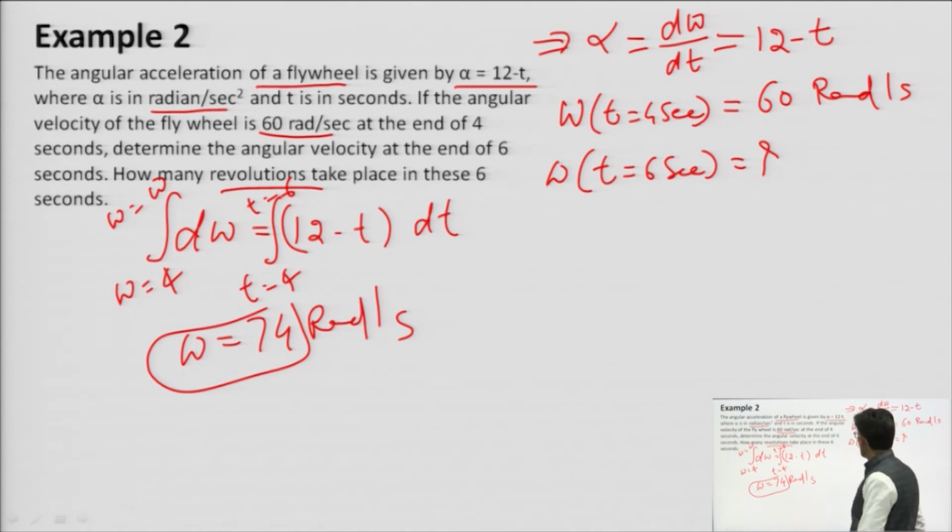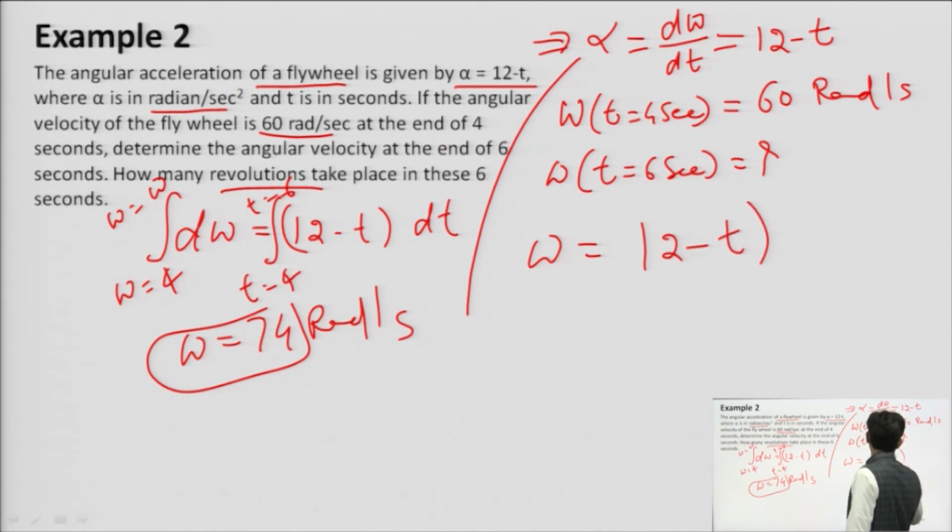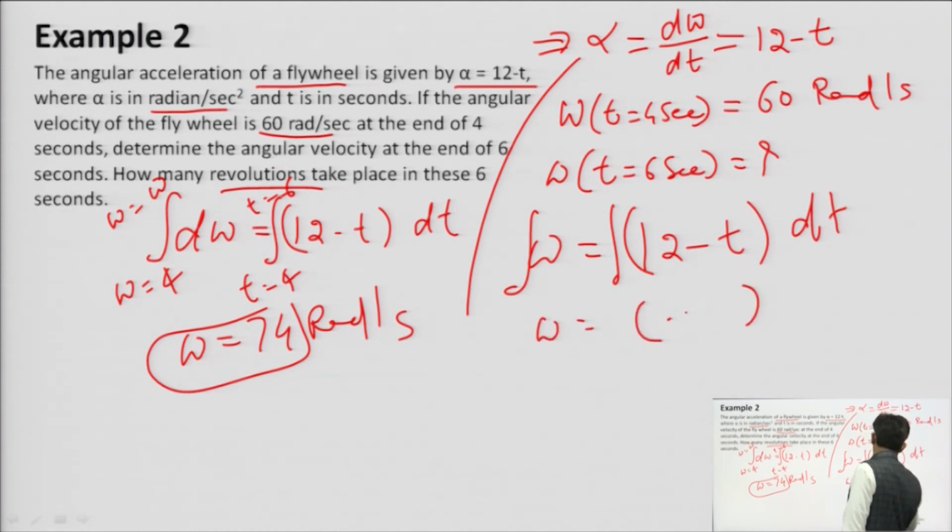How many revolutions take place? To calculate the number of revolutions, you can find the value of omega, which is 12 minus t into dt. Integrating it, we will have omega in terms of t.